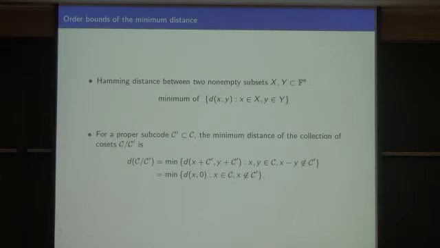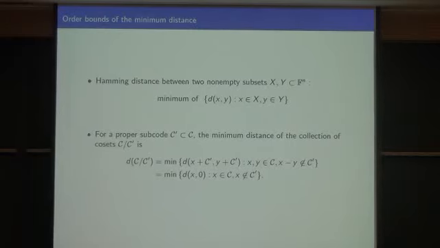Now I'm going to define the Hamming distance between two non-empty sets. The Hamming distance between the two non-empty sets is the shortest distance between the two sets. And for a proper subcode C prime of C, the minimum distance of the collection of the cosets, denoted d(C/C prime), is the shortest distance between two cosets, where the two cosets are different.